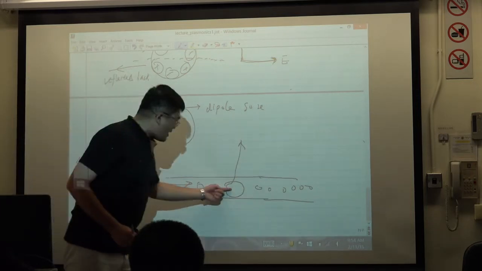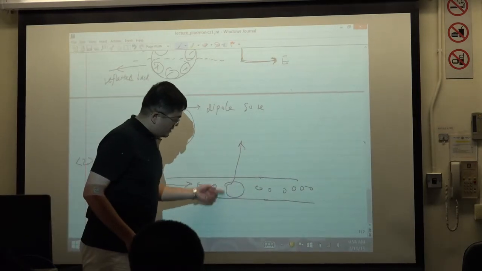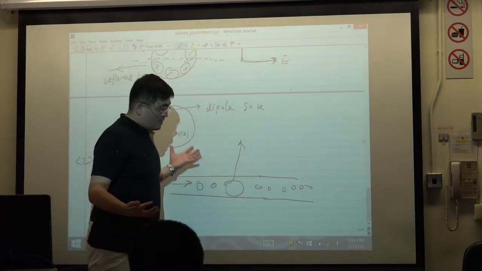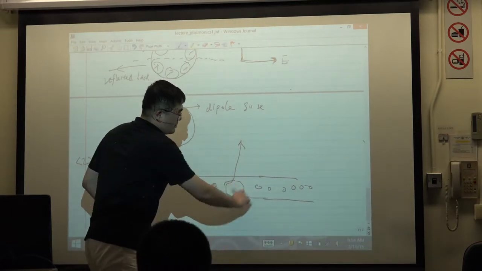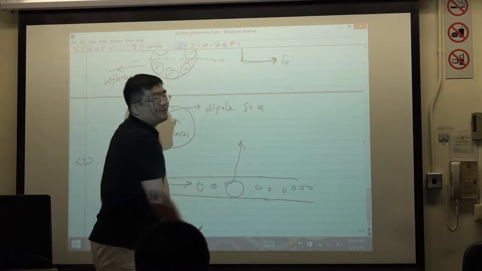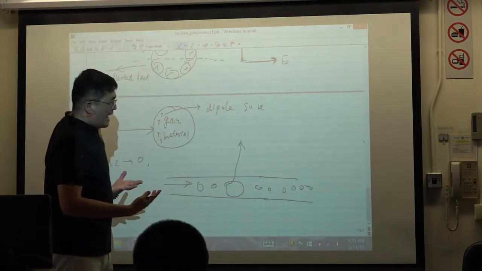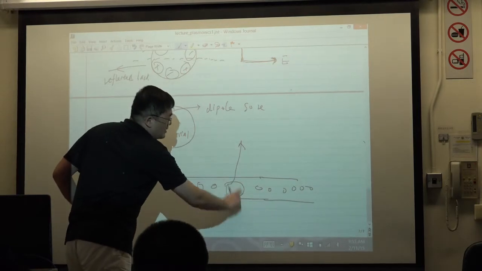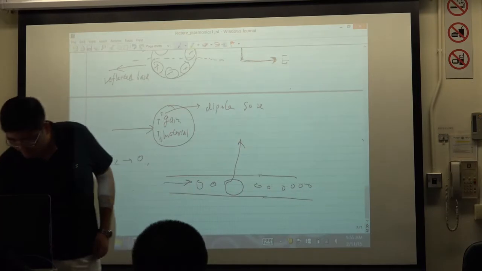When tau 1 goes to 0, the cavity's quality factor is very low. With low quality factor, they can just go one circle and go out. If the quality factor is high, they can go many circles, resonate many times, then go out. This is the reason.